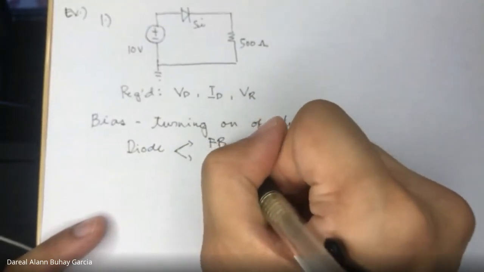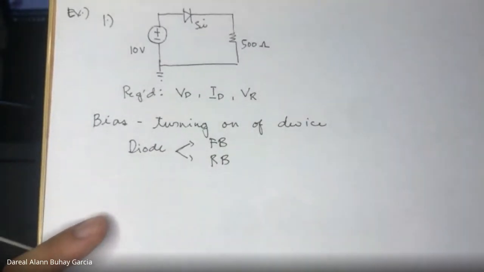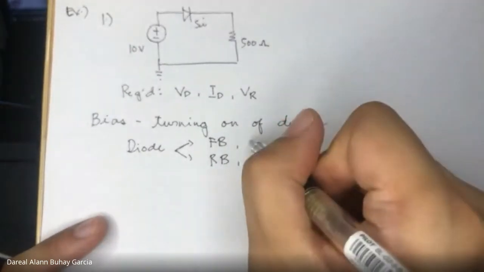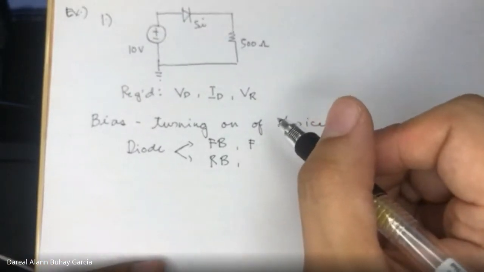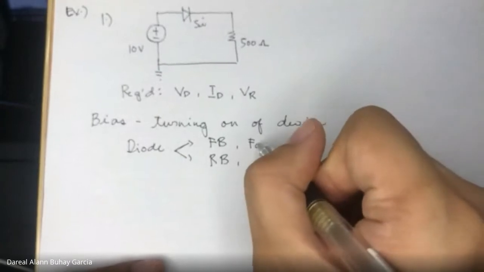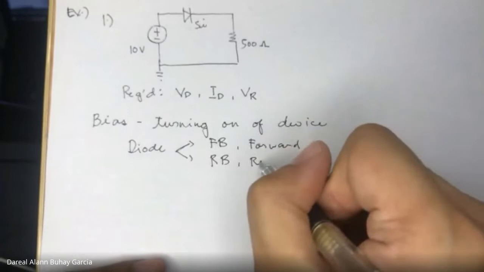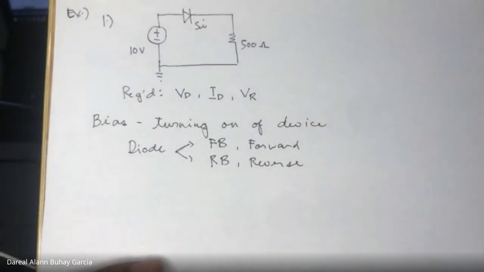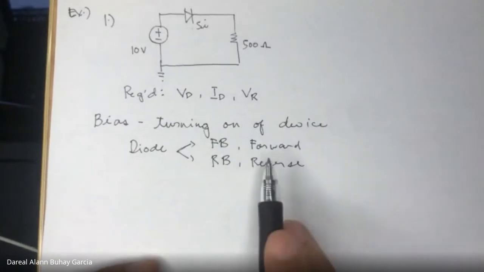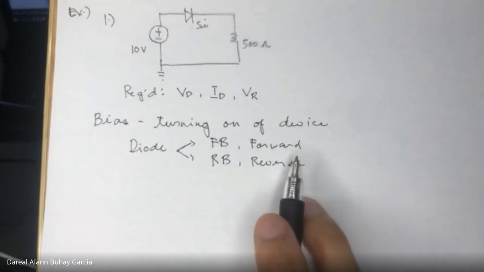Remember these terms. They will also apply to transistors soon. Forward bias and reverse bias. And there's also no bias, which is just a diode on standby somewhere. It isn't being used. Okay.